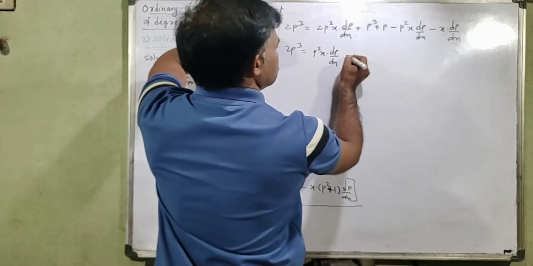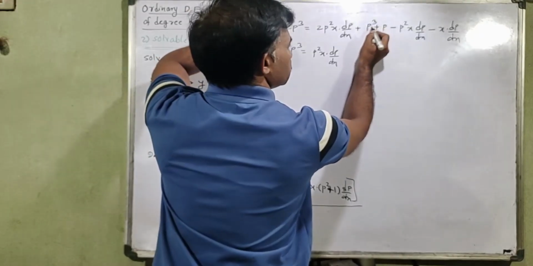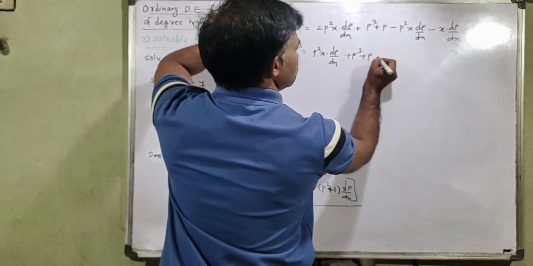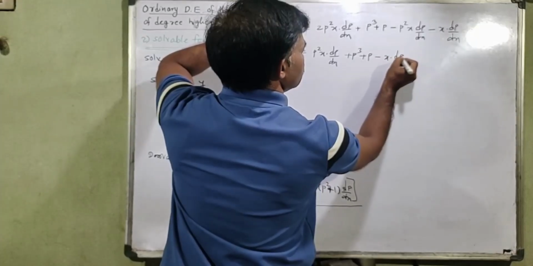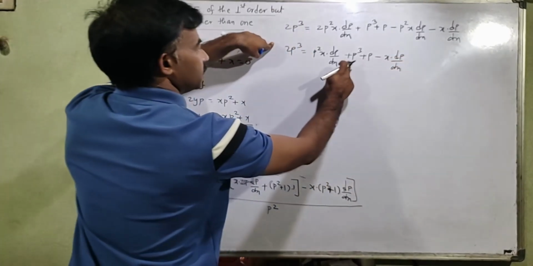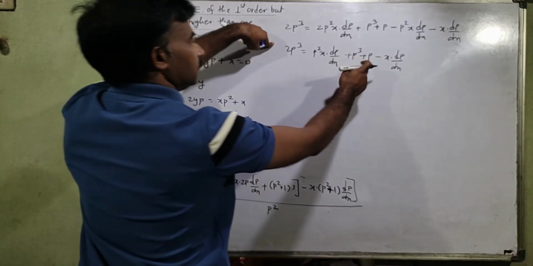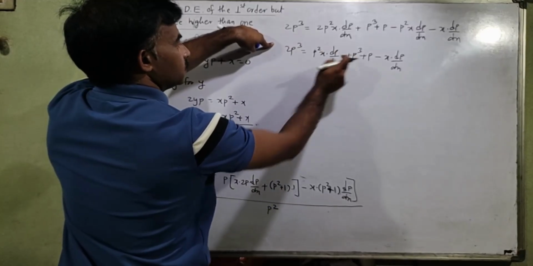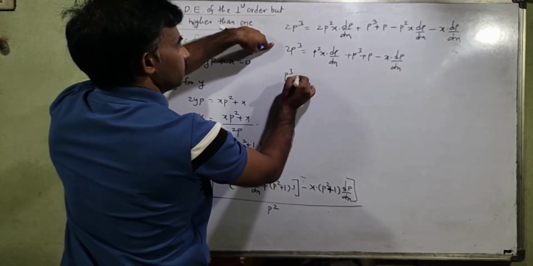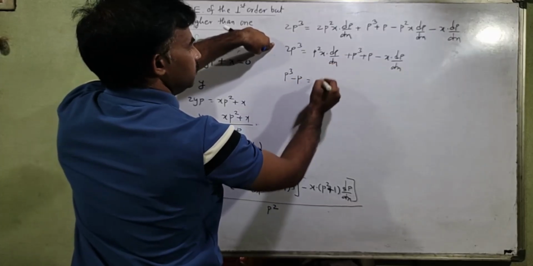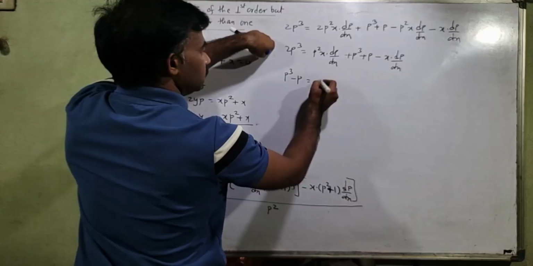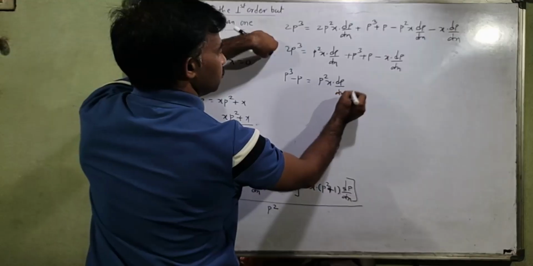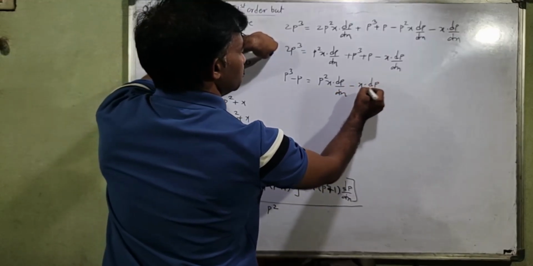Then this plus p cube plus p minus x into dp by dx. Transferring p cube here and p also here, you will get 2p cube minus p, that means p cube and minus p is here, and the remaining term placed here, p square x into dp by dx minus x into dp by dx.